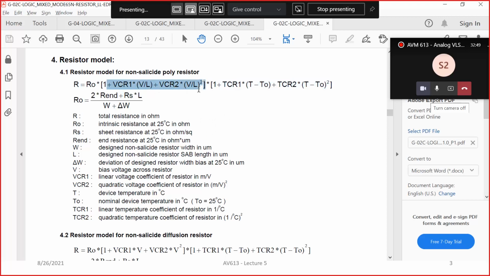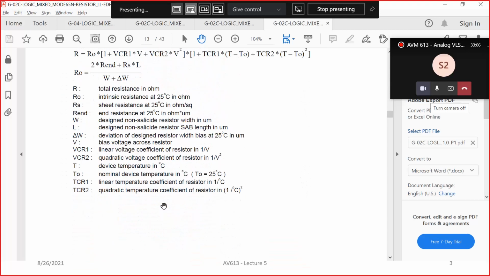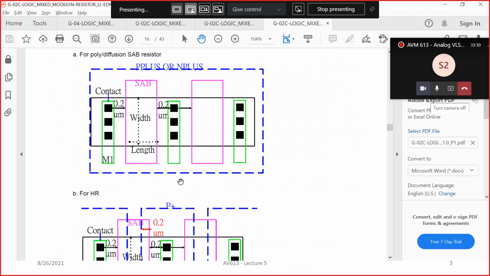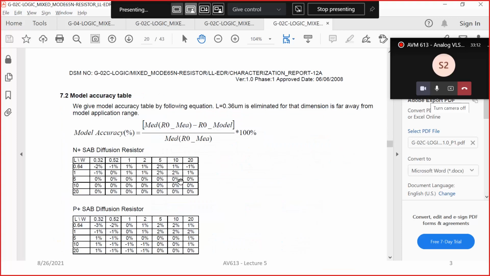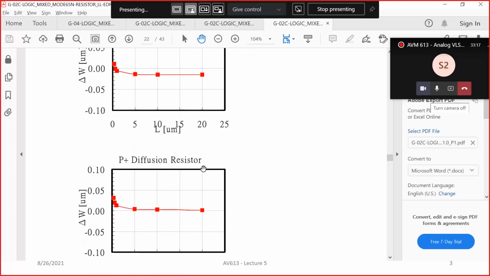This is your linear voltage coefficient and the quadratic voltage coefficient. Same way, you have a temperature coefficient. This models the behavior of the resistor with respect to temperature. Like that, they have given the equations for different resistors. I just want to show you how they have, okay. So this is the model accuracy.